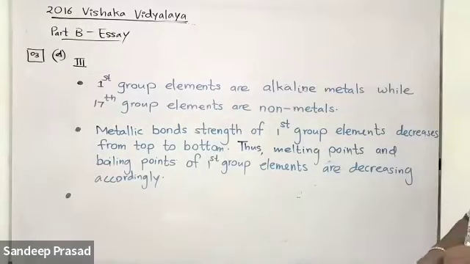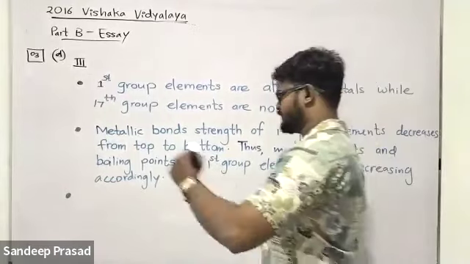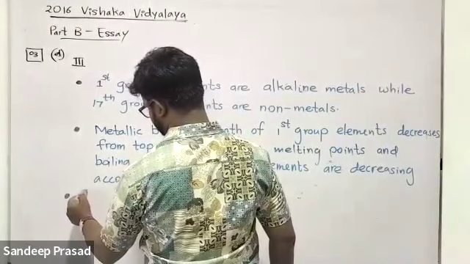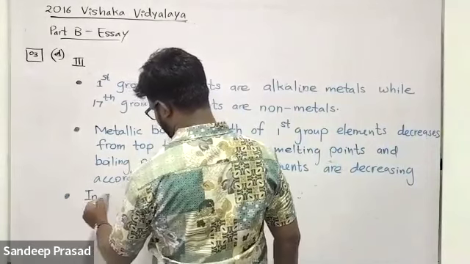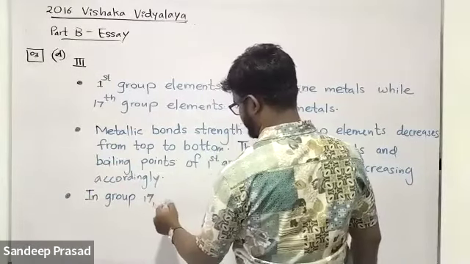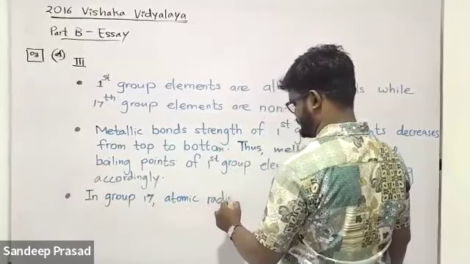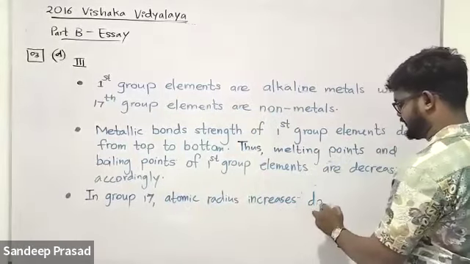For non-metals, how can we compare the boiling points and melting points? From their size, from their molar mass, right? So if you consider group 17 elements, in group 17, atomic radius increases down the group.